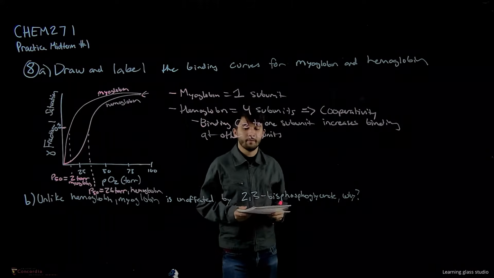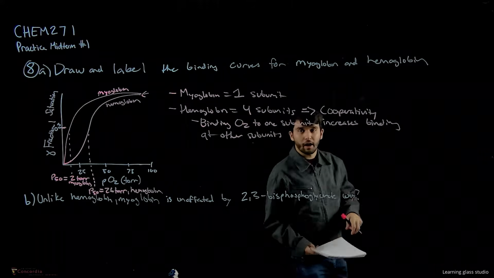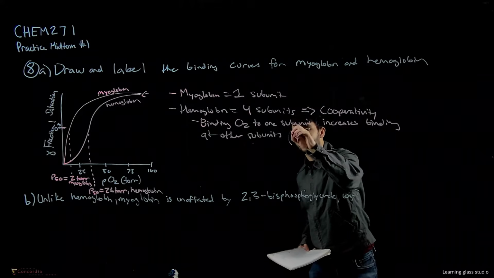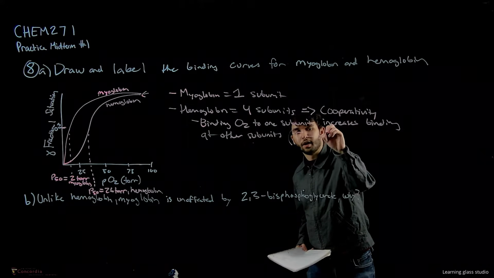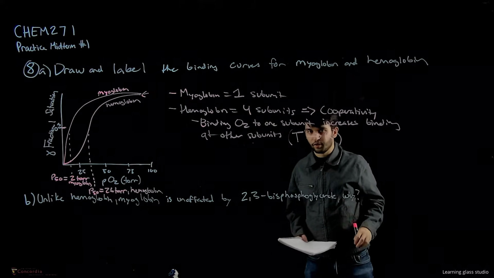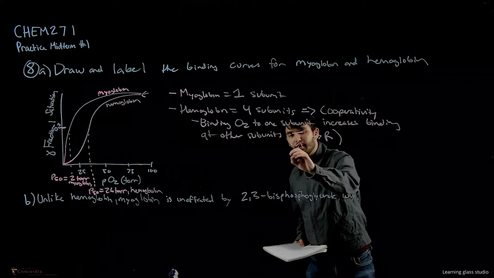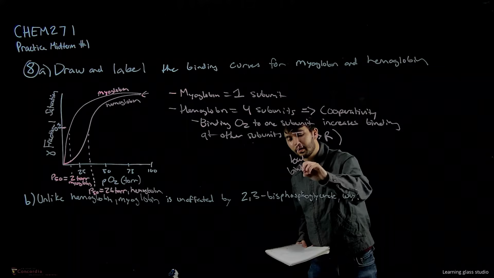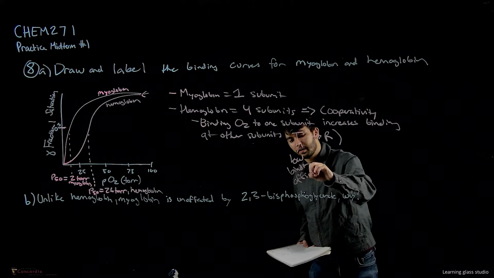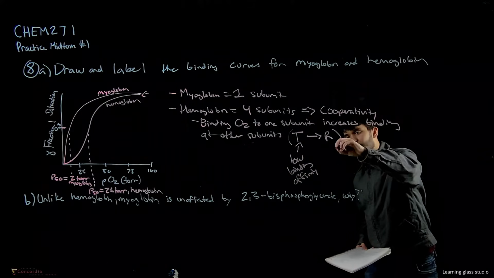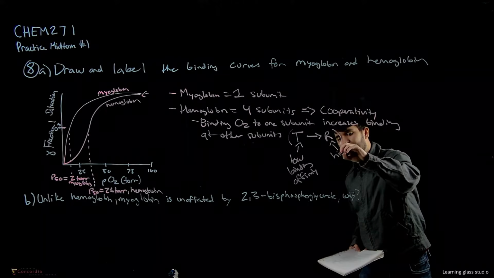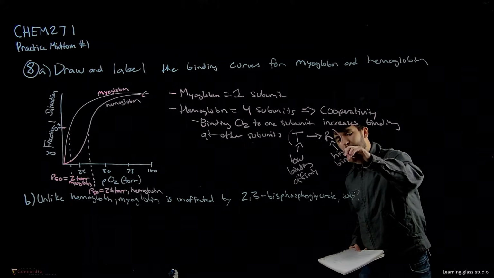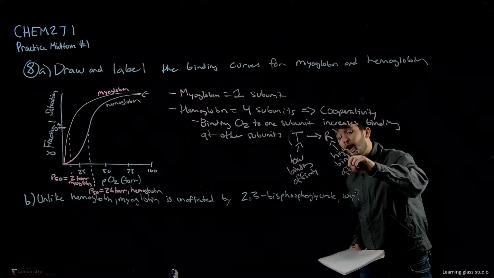Okay. And we can describe this transition as being a transition from the T state to the R state, right? So the T state, this is low binding affinity, while the R state over here represents high binding affinity for oxygen.